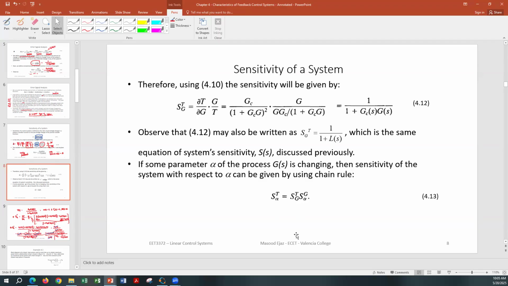So we can apply the chain rule to get that, although you can apply it directly: the sensitivity of the transfer function with respect to alpha is the derivative of the transfer function with respect to alpha times alpha over T. So you can directly calculate the sensitivity with a change in variable alpha as well, instead of applying the chain rule, but you can also apply the chain rule.